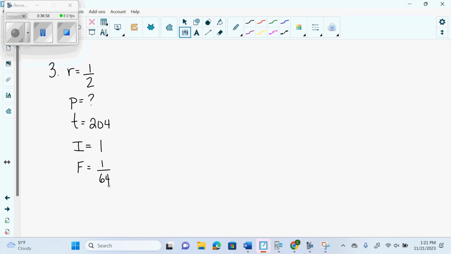Right? Yeah. So let's fill in our formula. 1 over 64 equals initial, which is 1, times rate, which is a half, to the T, 204 over P. Now I know that my variable's in the exponent, so at some point I'm going to have to convert to a log. Variable in exponent, convert to log.